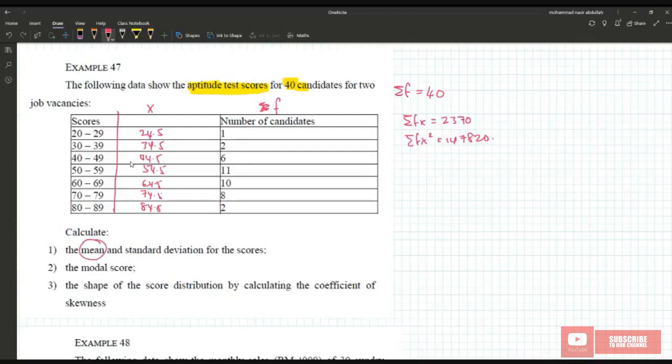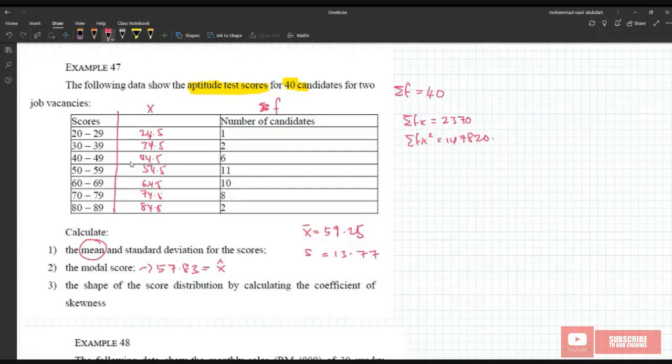So for the mean and standard deviation of the score, let me give you the answer, and you calculate it yourself later. The mean is 59.25, and the standard deviation is equal to 13.77. And the mode value you need to find by yourself, but I give you the mode value. The mode value is 57.83. So this is equal to the mode.